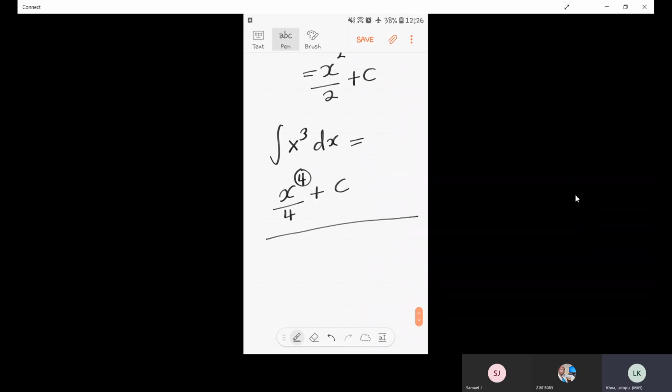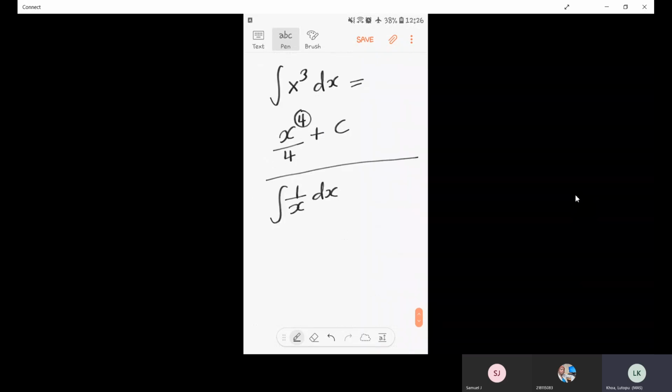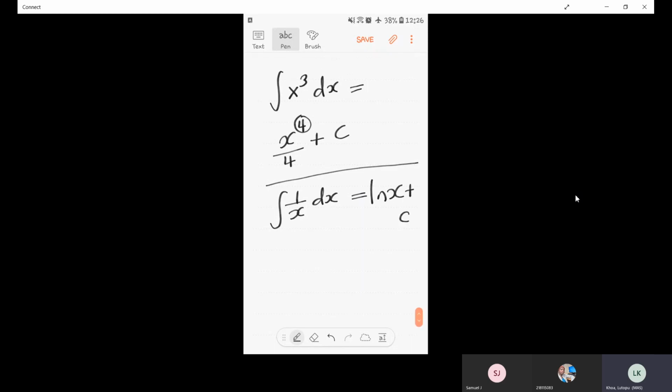Then the next integral we have is the integral of 1 over x dx. The integral of 1 over x dx is just ln of x plus c. Now remember, when we were differentiating ln of x, our answer was 1 over x.